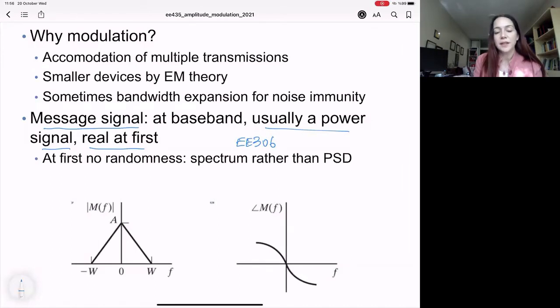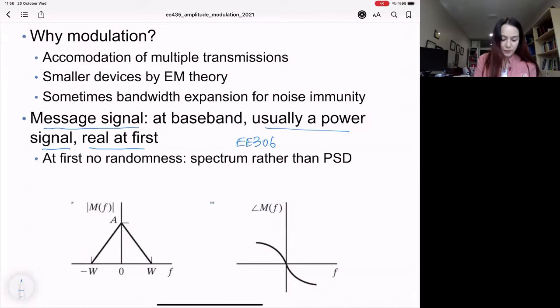If it's a wide sense stationary process, we characterize it with a power spectral density. Okay, and later on, instead of the message spectrum itself, we will be dealing with the power spectral density of the message.